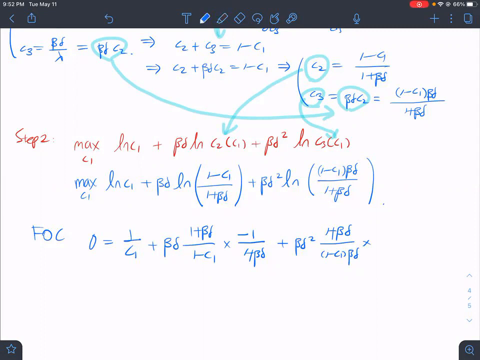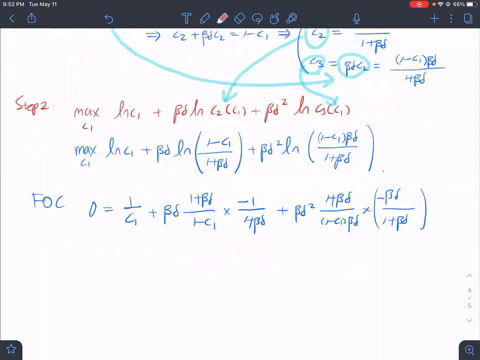Then I'll have beta delta minus (1 plus beta delta). Okay, that doesn't look very nice. So we can see that this one can be cancelled out, this one can be cancelled out, beta delta can be cancelled out. Okay, that's it.